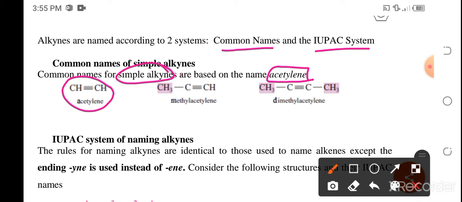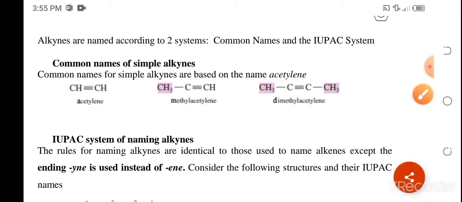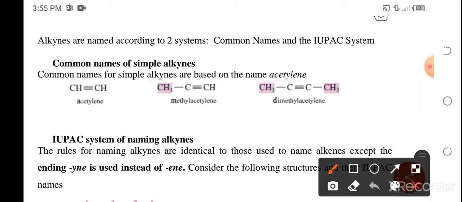And then for this second example, this is methyl acetylene. The carbon to carbon triple bond is acetylene, and the remaining carbon atom, the one not included, is methyl. So therefore, that would be named methyl acetylene.